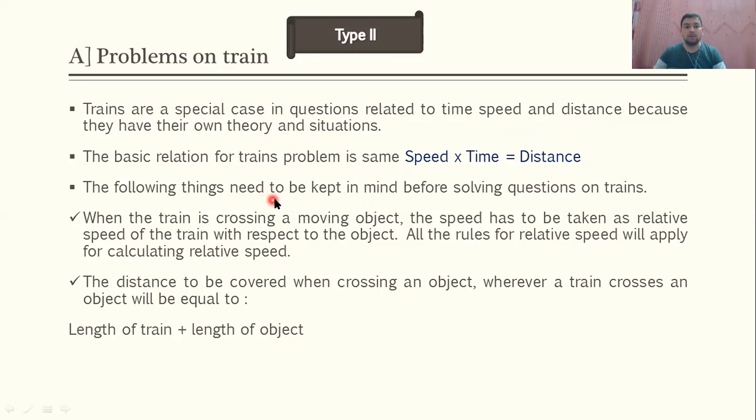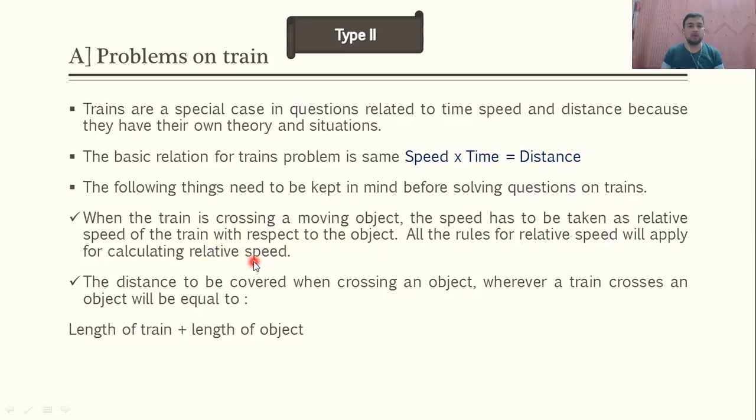Okay, the following things need to be kept in mind before solving the questions on trains. Now the next two points are the most important, so carefully listen to them. When the train is crossing a moving object, the speed has to be taken as the relative speed of the train with respect to the object. All the rules of relative speed will apply for calculating the relative speed.